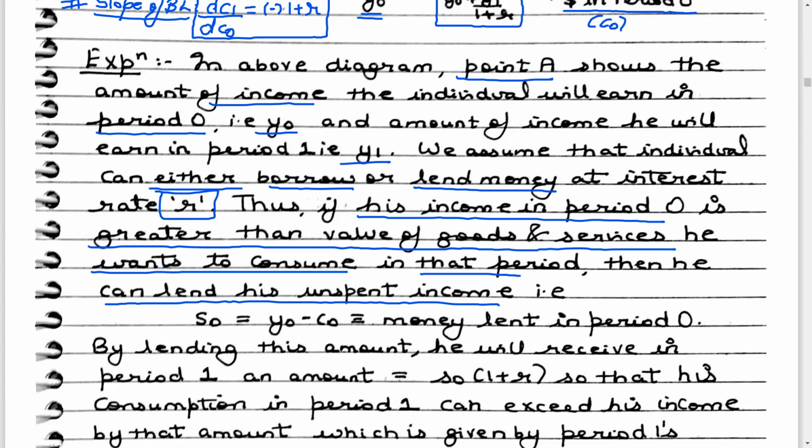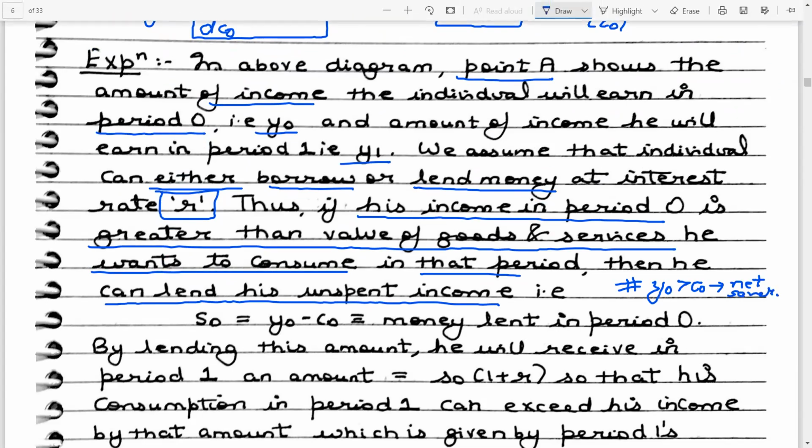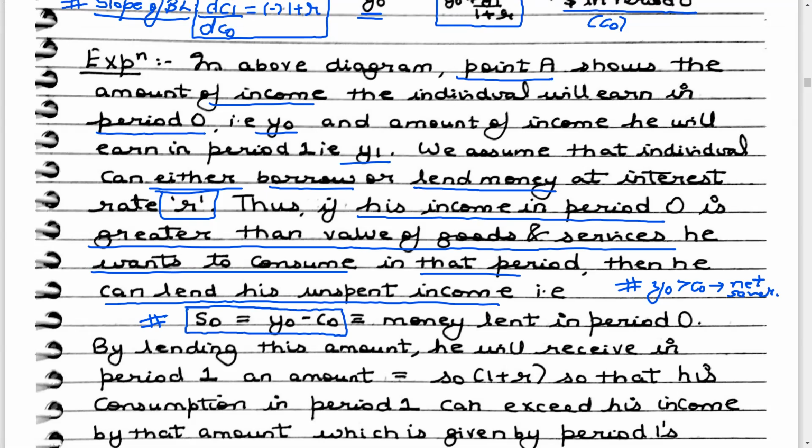That means, if income in period 0 is more than the consumption in period 0, the individual is a net saver. And the savings is denoted by S0, which is equal to Y0 minus C0. So if your income in period 0 exceeds your consumption, you are a net saver.